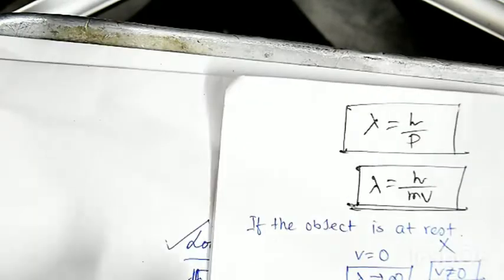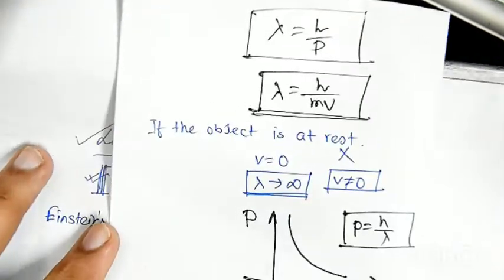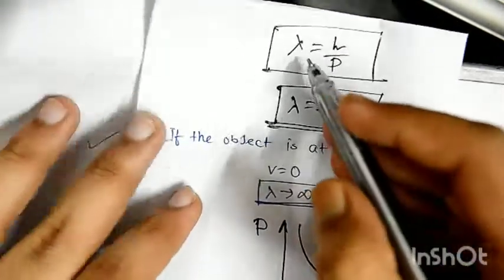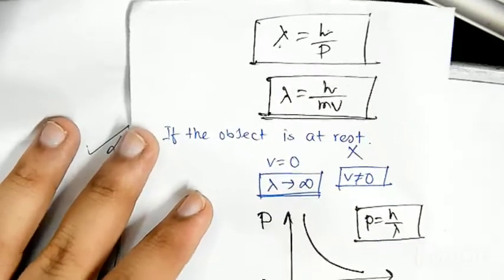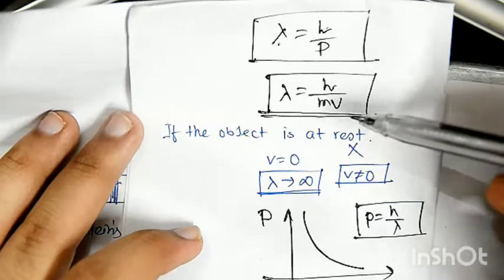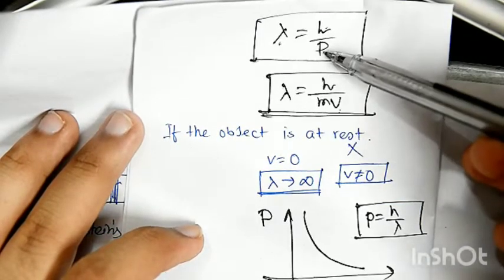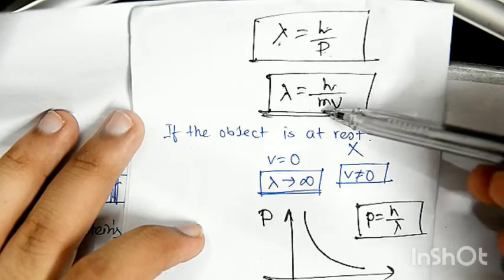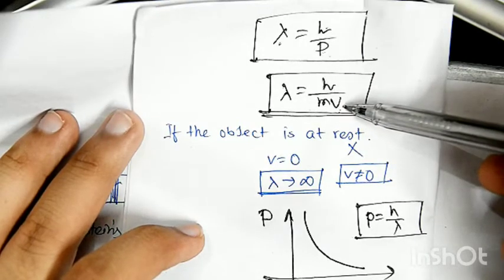Now let's see what we can plot in a graph to understand the characteristics. Lambda equals h by p, and if the object or particle is moving at a velocity other than c, we can represent the velocity by v. So p is momentum, that is mass into velocity, p equals mv.